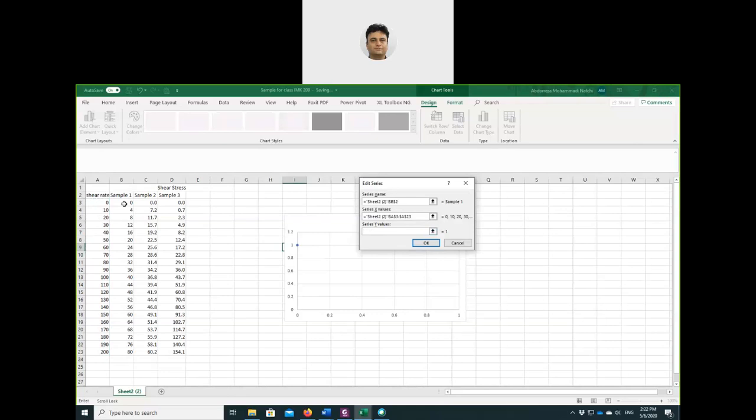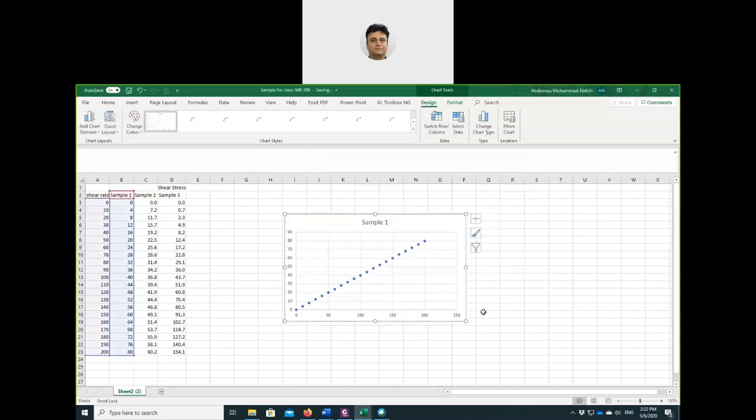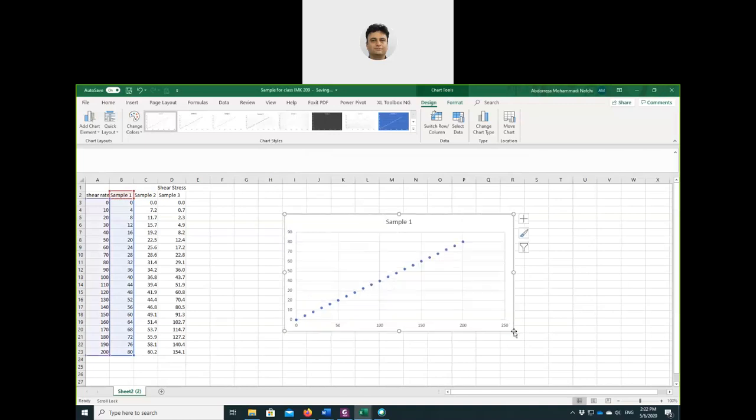So that's all. You can see, as you know, I hate this line, so I remove it. Okay, that's all. So now you can guess this pattern is what?